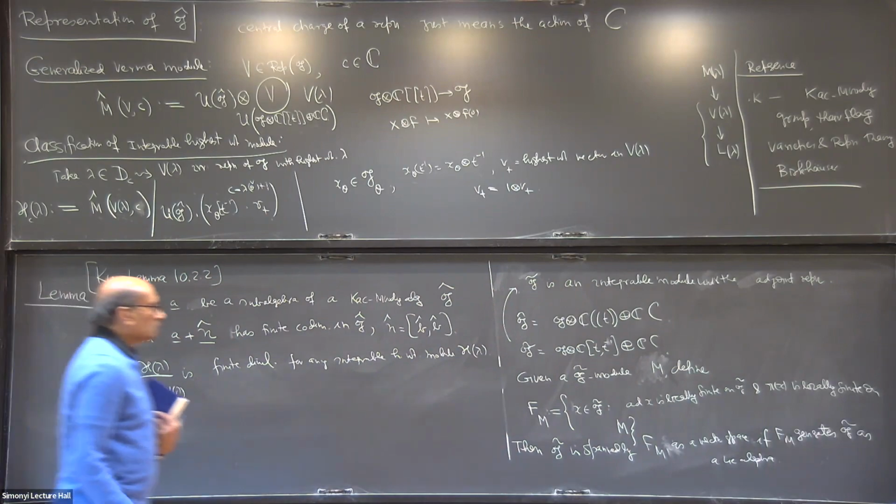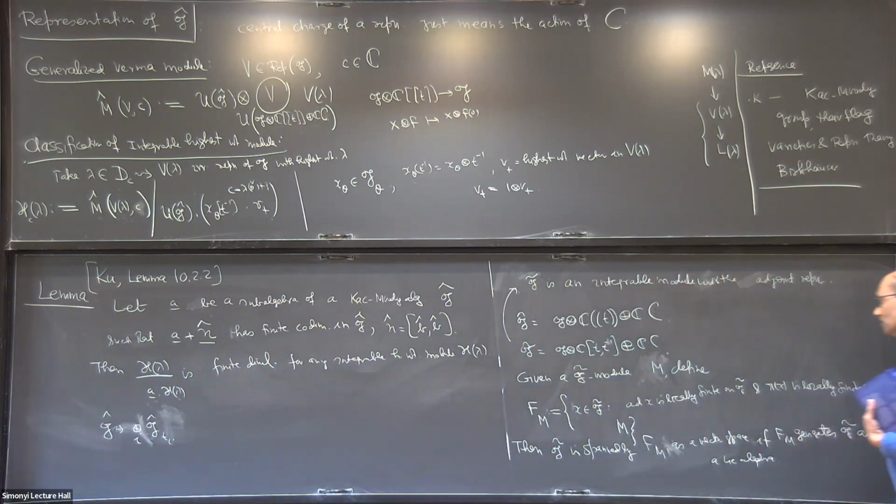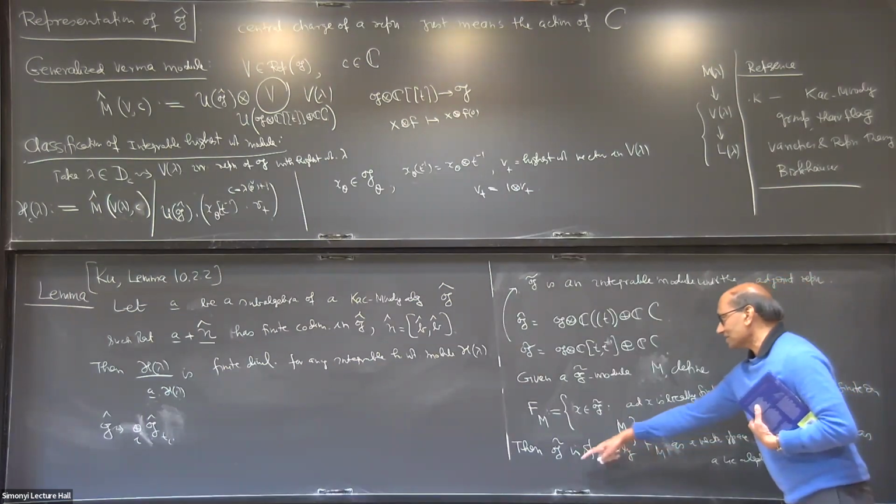So the statement says that if this set generates G twiddle as a Lie algebra, then actually F_M spans G twiddle.